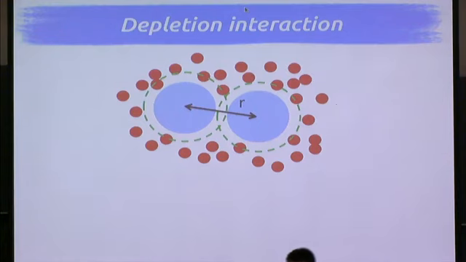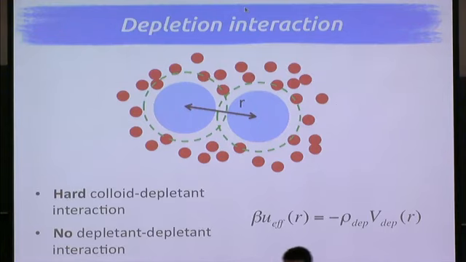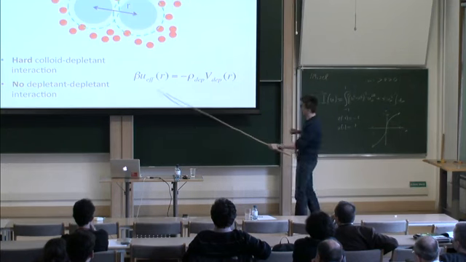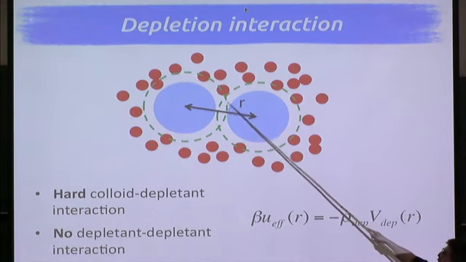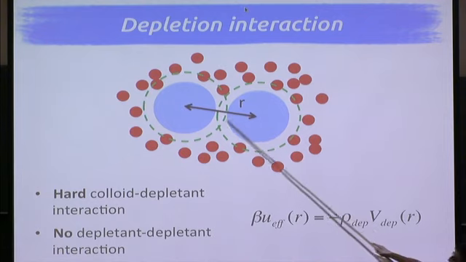And if you further assume that there are no depletant-depletant interactions, that the depletants behave like ideal particles, then you can compute this depletion attraction explicitly. It is given by the density of the depletant, the density of the small red particles, multiplied by a geometric factor, which gives the volume of this overlap region as a function of the distance between the two big particles.